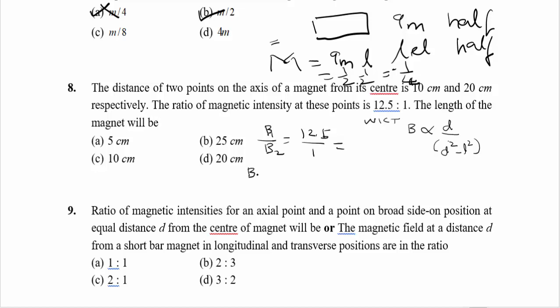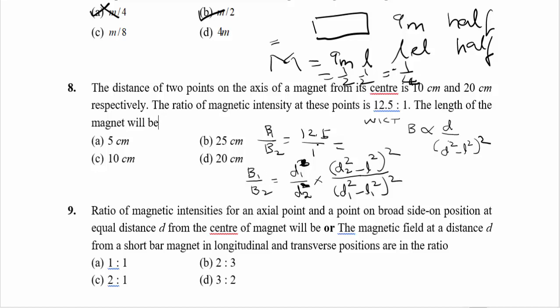B1 by B2 equals D1 by D2, since D is directly proportional. The term D1 square minus L square is written in the denominator because it is inversely proportional, and D2 square minus L square is written in the numerator, and it is all squared. So B1 by B2 equals D1 by D2 into D2 square minus L square whole square divided by D1 square minus L square whole square.